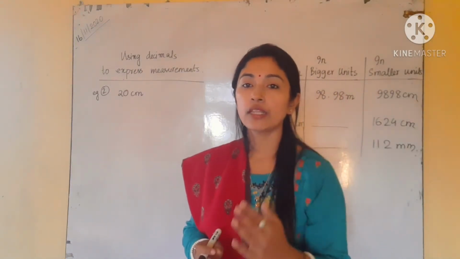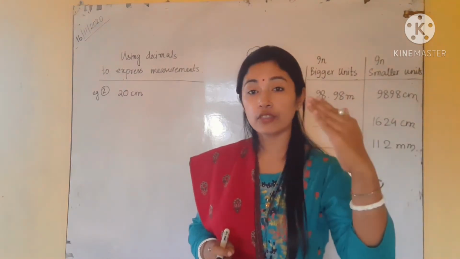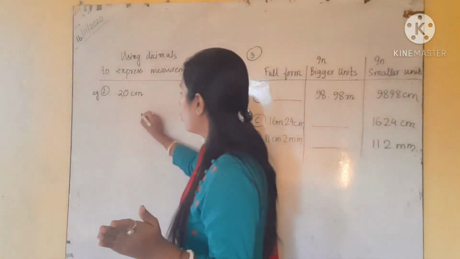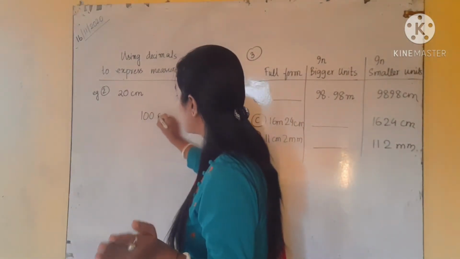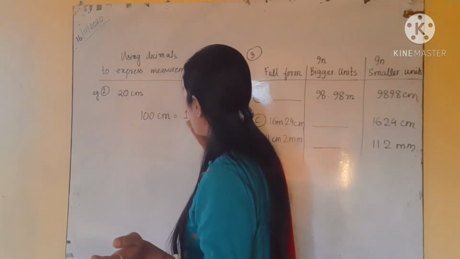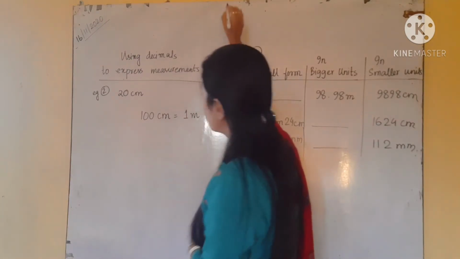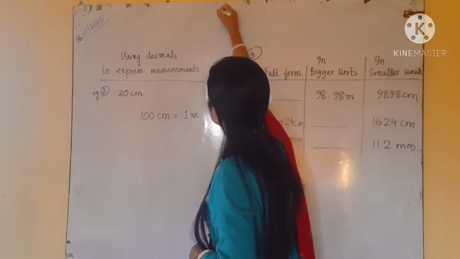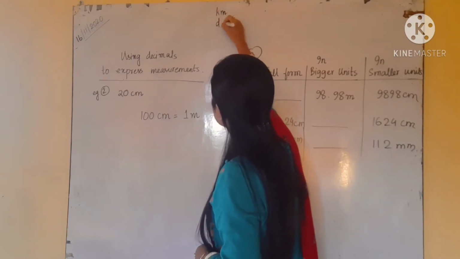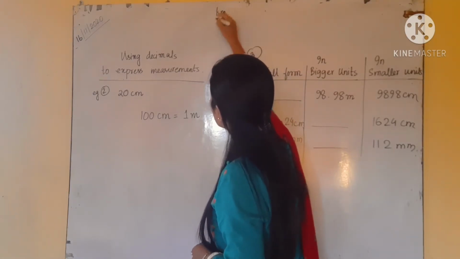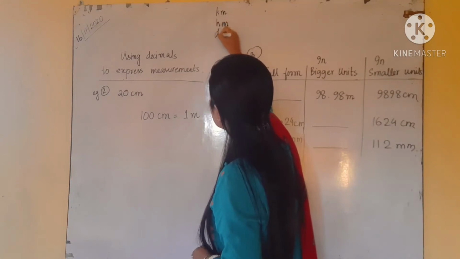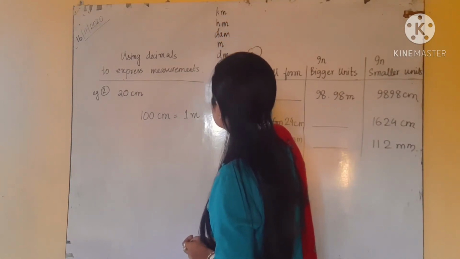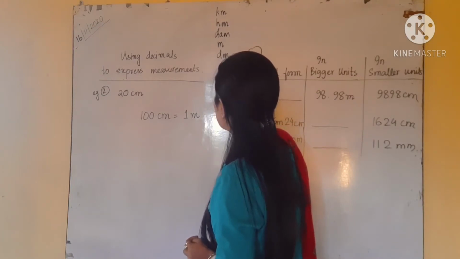In the last lecture I discussed that 1 meter is equal to 100 centimeter. So we can write 100 centimeter is equal to 1 meter. You know the chart of length: first kilometer, after kilometer hectometer, then decameter, then meter, then decimeter, then centimeter, then millimeter.